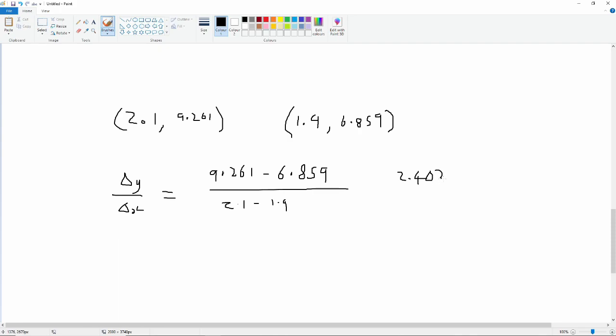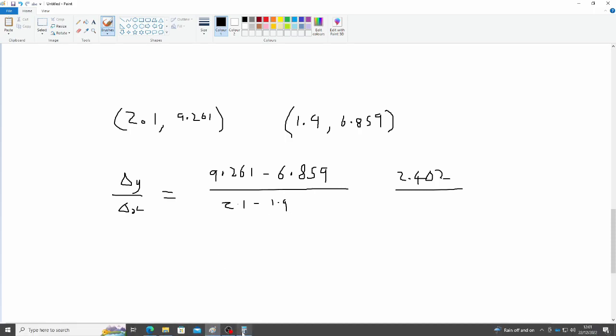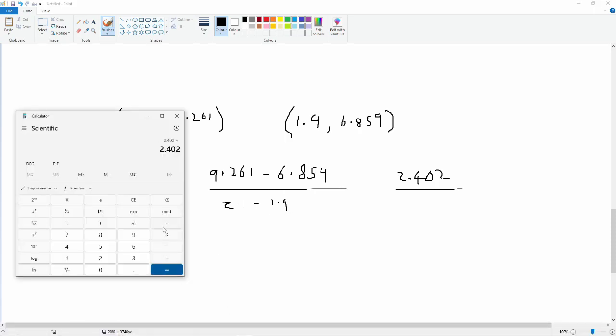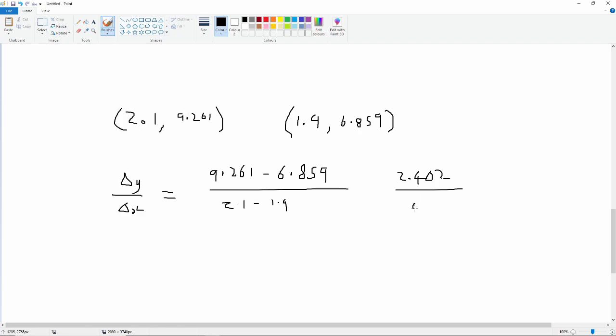And we're dividing this by 2.1 minus 1.9. Well, that's just going to be 0.2, isn't it? But divided by, open brackets, 2.1 minus 1.9, which is indeed 0.2, and that comes to 12.01.